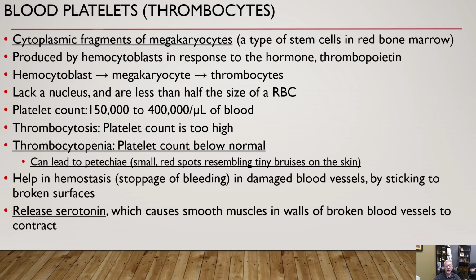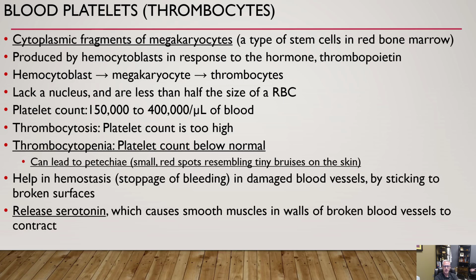If we have too many platelets, we say it's thrombocytosis. If we have too few platelets, or a platelet count below normal, we say that's thrombocytopenia, which can lead to a condition called petechiae. That is just small red spots that look like tiny bruises on the skin. But platelets help with hemostasis.